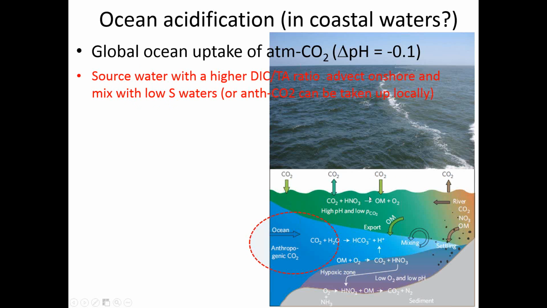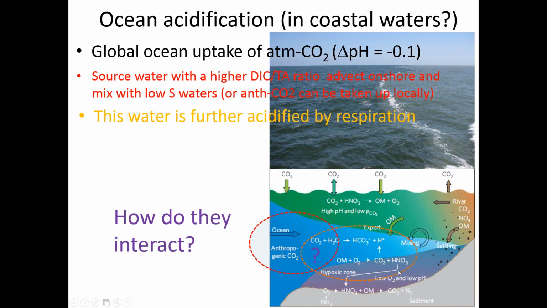You can bring this ocean acidification signal into coastal water and into the estuary. On the other hand, we could have anthropogenic CO2 uptake locally due to the low CO2 in some systems. Now I will discuss the difference of these two mechanisms of bringing in CO2. But more importantly here, this water is further acidified by respiration, that is organic matter decomposition, using oxygen and producing CO2, and of course modified by denitrification.